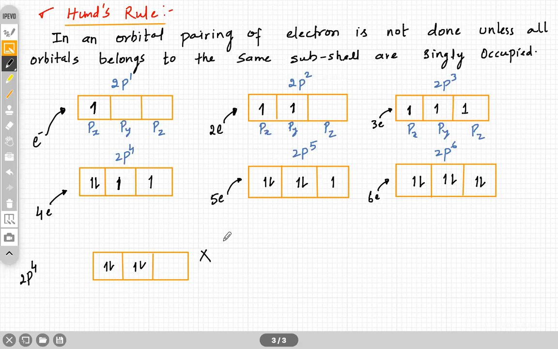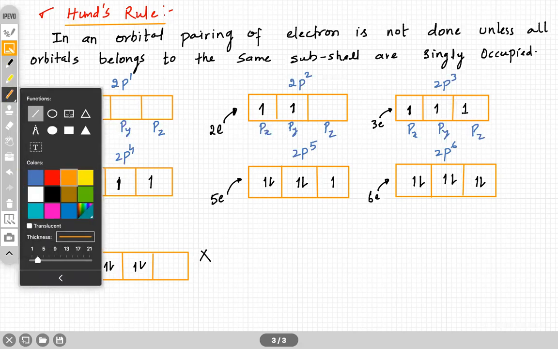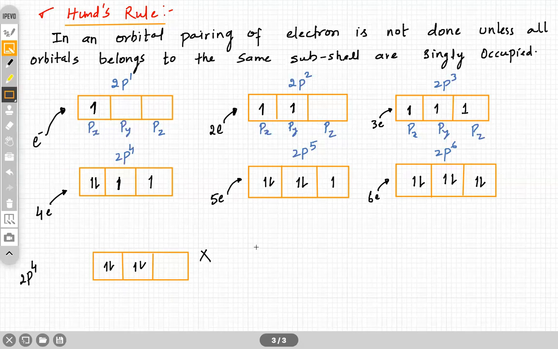According to Hund's rule, what you need to do is this. Again, I'm doing this just to make you understand. You have orbitals like this, 2p4 configuration.